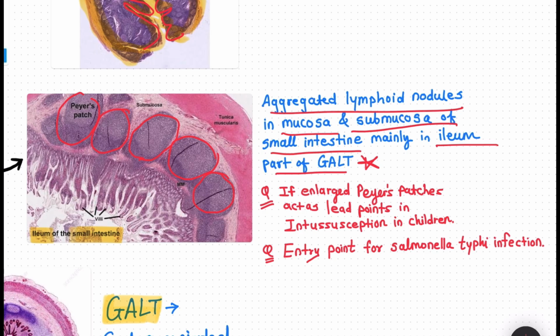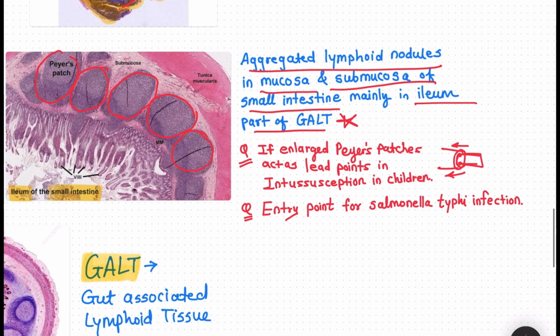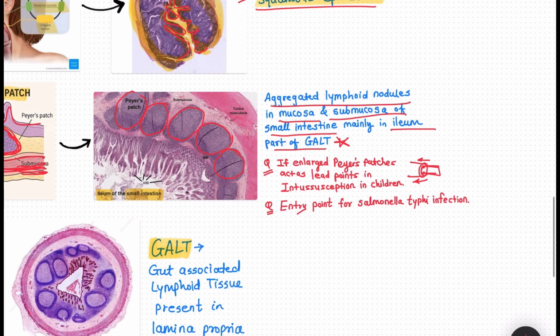It appears like a telescoping. So sometimes enlarged Peyer's patches can act as a leading point which can cause intussusception in children. And it is also an entry point for Salmonella typhi infection. Salmonella typhi can infect via Peyer's patches.